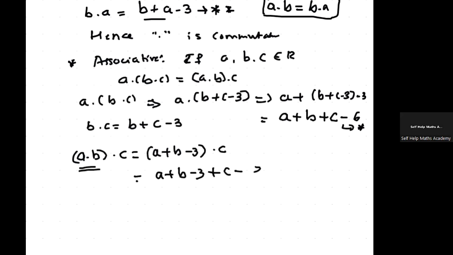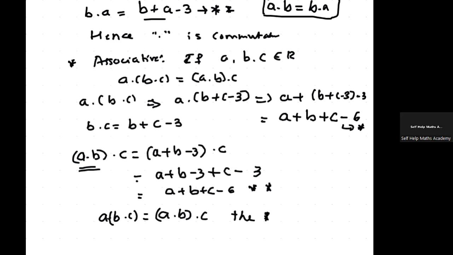Now just simplification: it is a plus b plus c minus 3, which will become minus 6. So let us take this as double star. So from star and double star, it is clear they are same. So hence a dot (b dot c) is equal to (a dot b) dot c. Therefore, the dot operation will become associative.